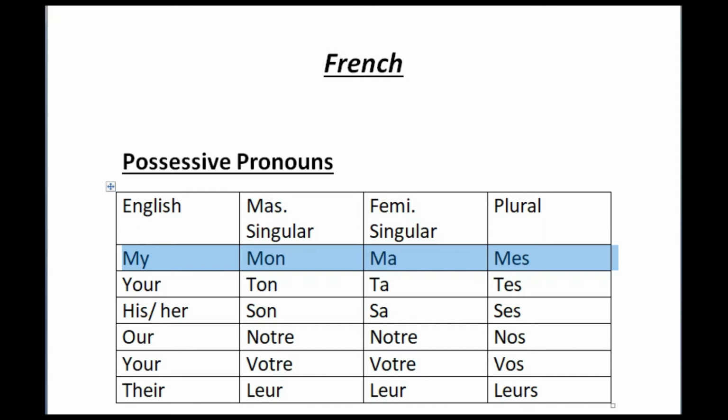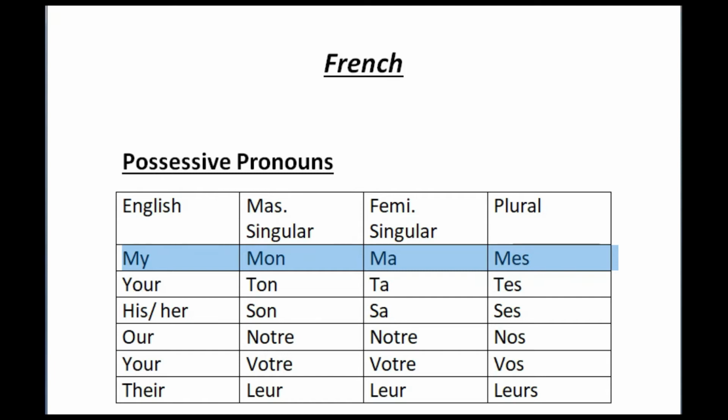And if I'm saying my as plural, it would be mes, M-E-S, mes. So my masculine singular, M-O-N, mon. My feminine singular, M-A, ma. And my plural would be M-E-S, mes.